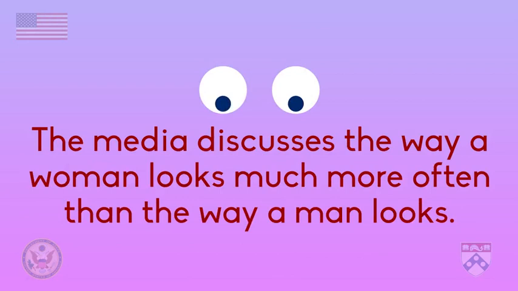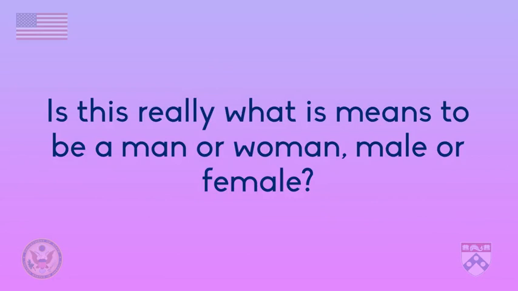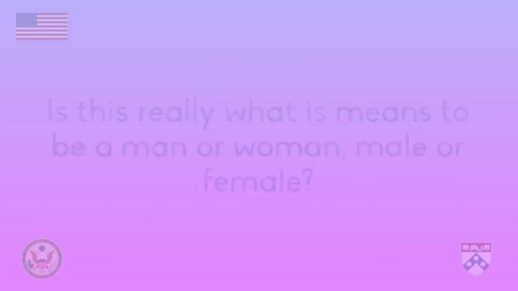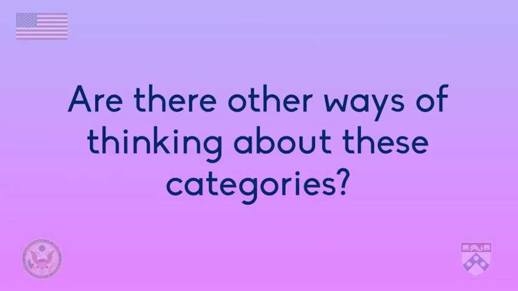When the media describes women in these ways and stereotypes them, they are sending messages about what it means to be a man or a woman, male or female. We should ask ourselves, is this really what it means to be a man or a woman, male or female? Are there other ways of thinking about these categories?